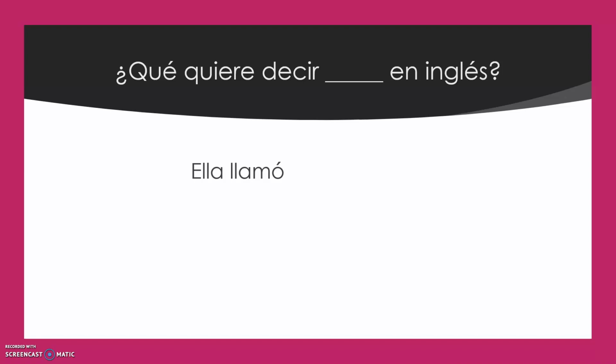It means she called, one time or a fixed number of times. ¿Qué quiere decir yo compré en inglés? Means I bought, one time or a fixed number of times.